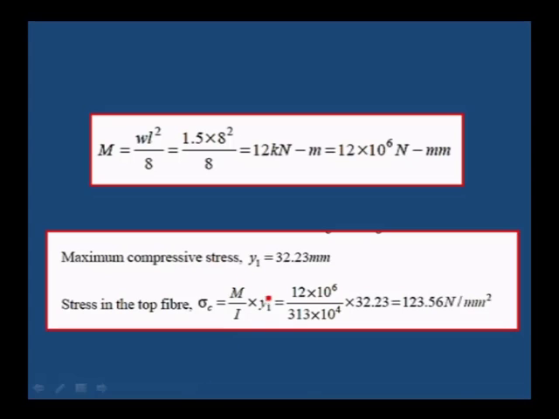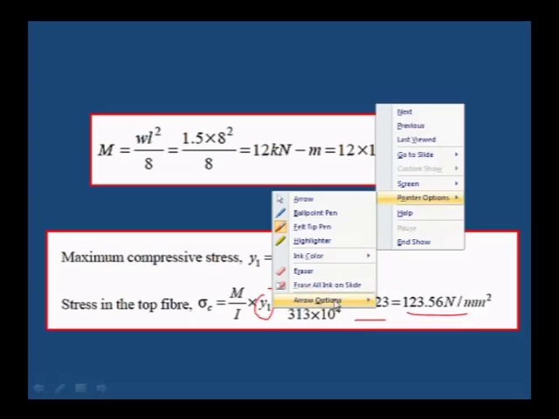Substituting the y1 value 32.23, you will get sigma C, the compressive stress, as 123.56 Newton per mm square.